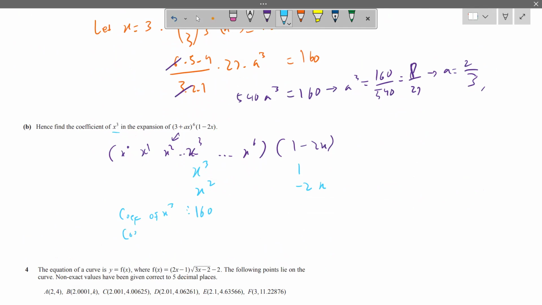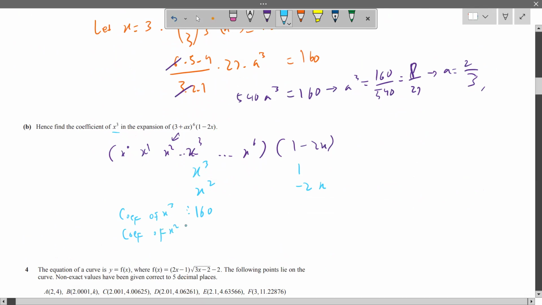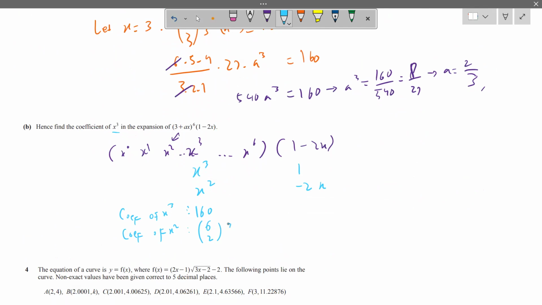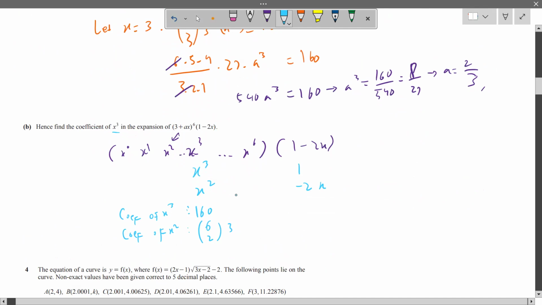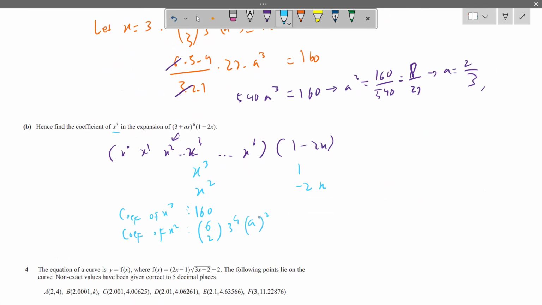And then the coefficient of x squared is 6 choose 2, 3 squared. Oh, no, sorry. 3 to the power of 4 because we want 3 to the power of 4. And then a to the power of 2. But we know that a is 2/3. So we replace it.